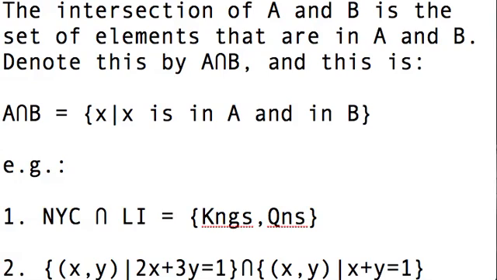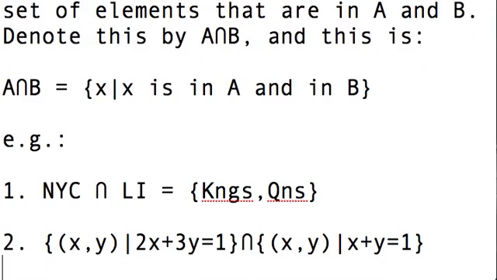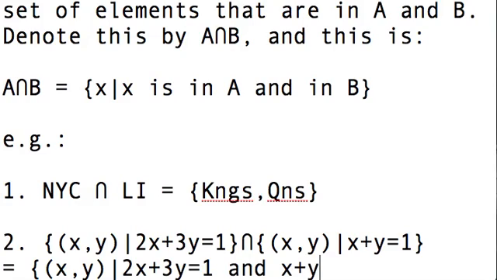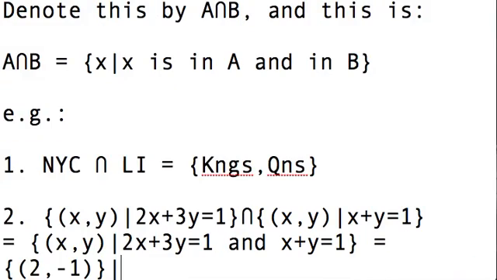This line intersected with this line is really all (x, y) that satisfy the system: 2x plus 3y is equal to 1, and x plus y is equal to 1. To find a nicer way of writing this set, we can solve the system of linear equations, and you can go ahead and figure it out. I can just write down the single point, which is (2, -1). That is what this intersection is.